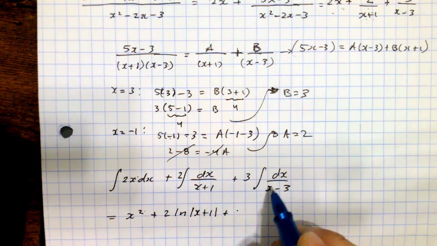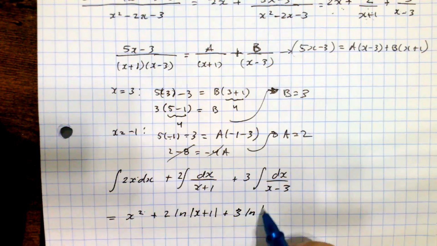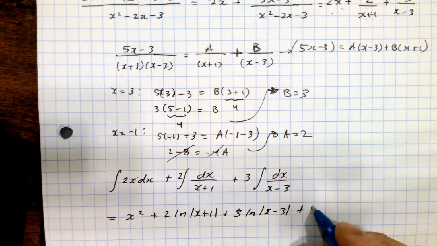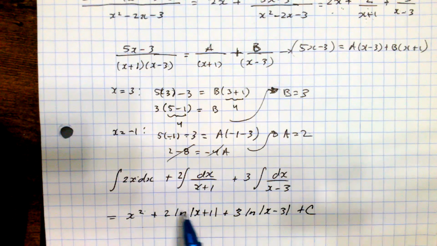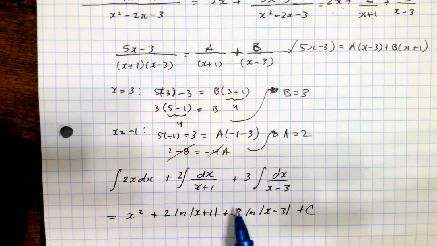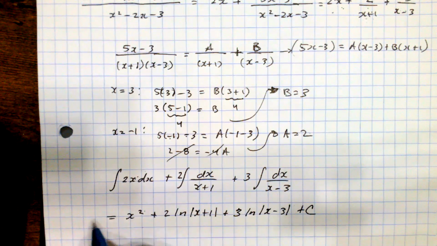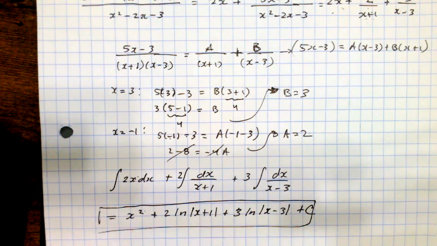And then I have, in this case, 3 times the natural log absolute value of x minus 3, okay, plus a constant. Like I said, I can simplify this a little bit more. I could pull this up as an exponent, pull that up as an exponent, and then write this as a product. But for the sake of simplicity, I'll just leave that as my final answer.